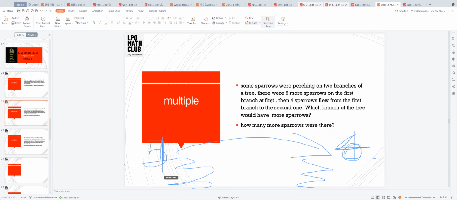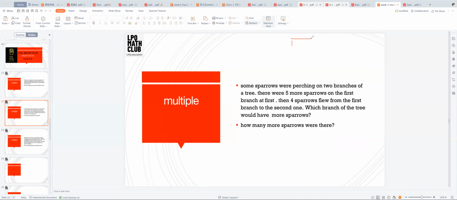So some sparrows were perching on two branches of the tree, right? There were 5 more sparrows on the first branch at first. That is to say, at the very beginning, we have A and B, and each is a box, and A is the box plus 5.